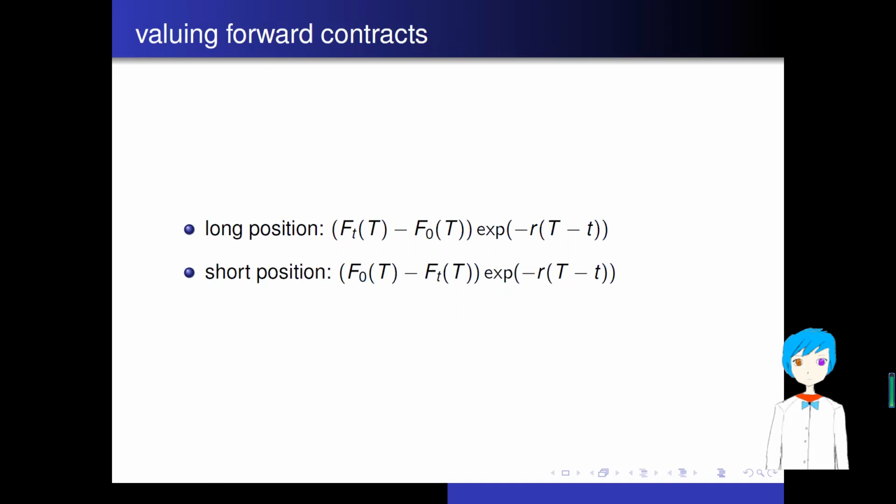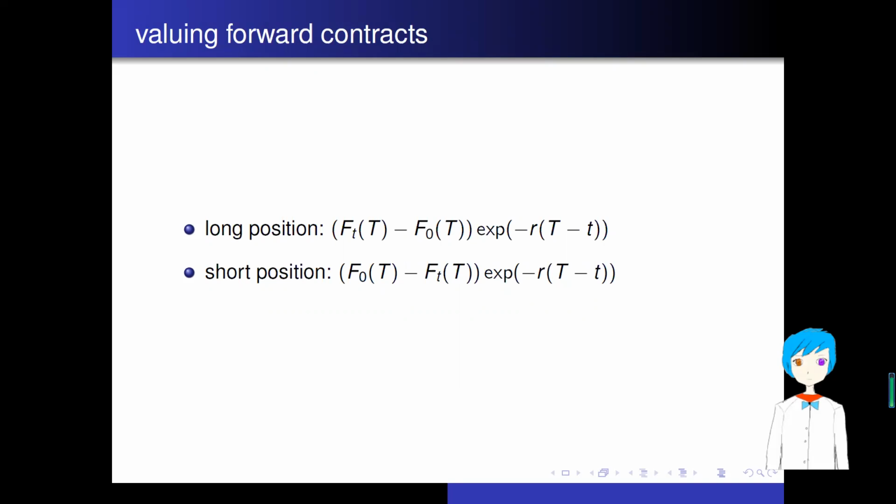So we may also wish to value the forward contract at some future time. If at time small t, the forward contract price is F_t for maturity date capital T, then the value for the long position is (F small t minus F0) times e to the power minus R times (big T minus small t).